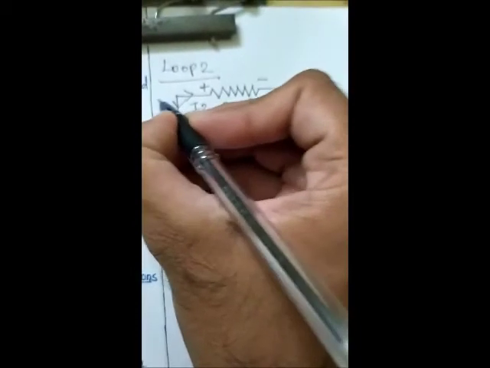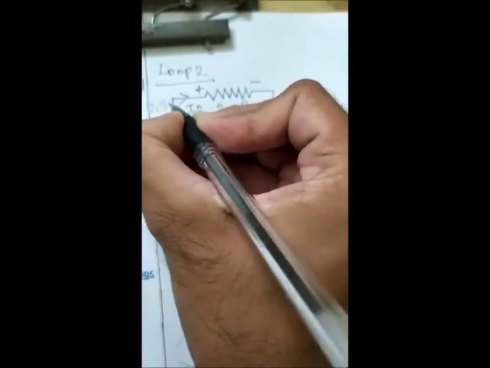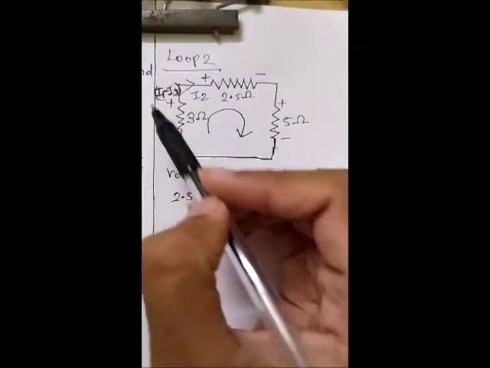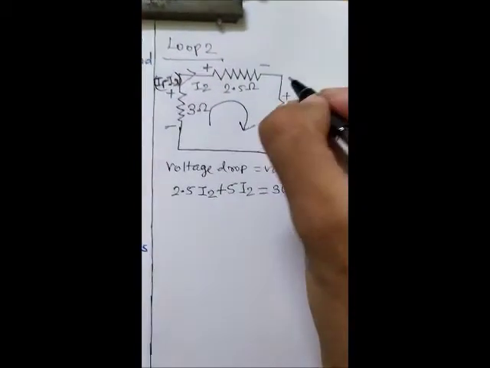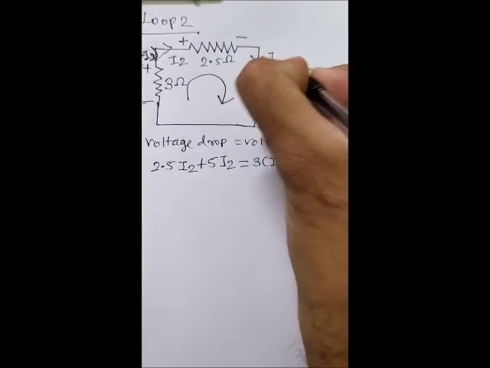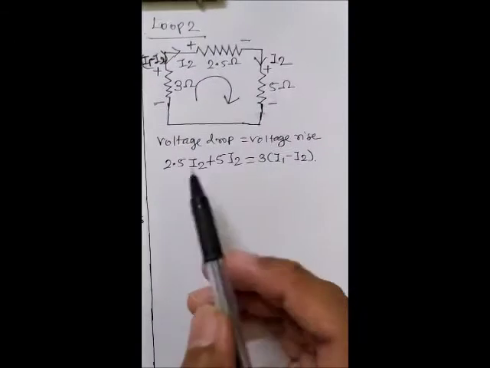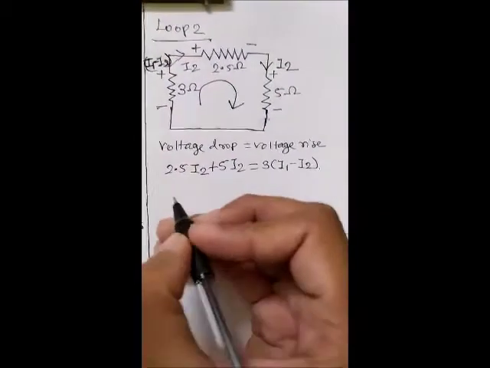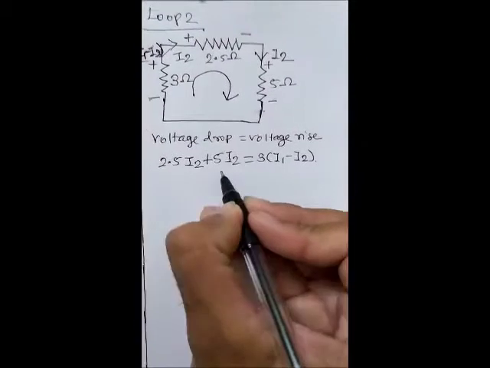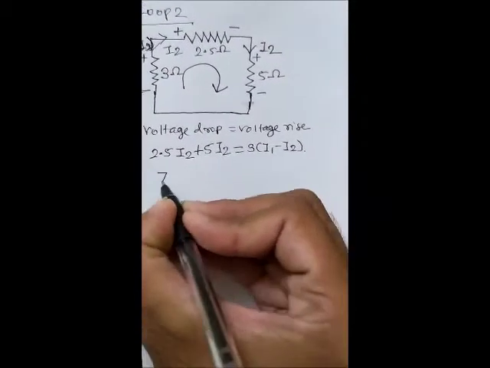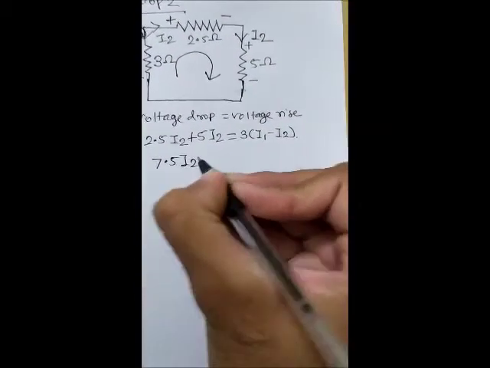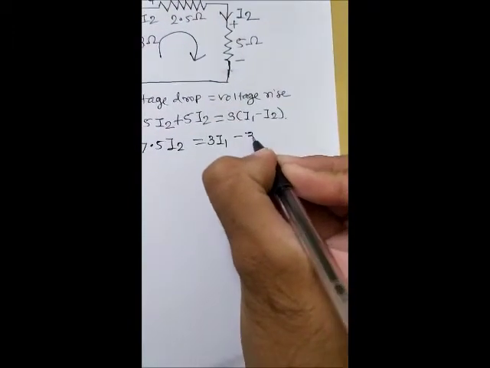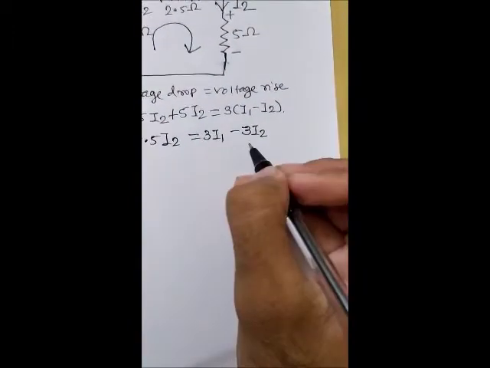I will again mention the current direction here. The current is I1 minus I2, and the current flowing through the 2.5 and 5 ohm resistances is I2. So 2.5 I2 plus 5 I2 is equal to 3 (I1 minus I2). Now 5 plus 2.5 is 7.5 I2, equal to 3 I1 minus 3 I2.